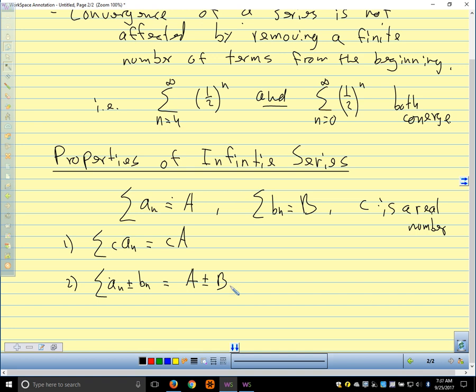With multiplication, think of how you multiply a polynomial: you have all those terms that are multiplied together, so it's a little more complicated. Division is a lot more complicated because you have a large sum divided by a large sum. All right, the big test that I want to talk about today is the nth term test.